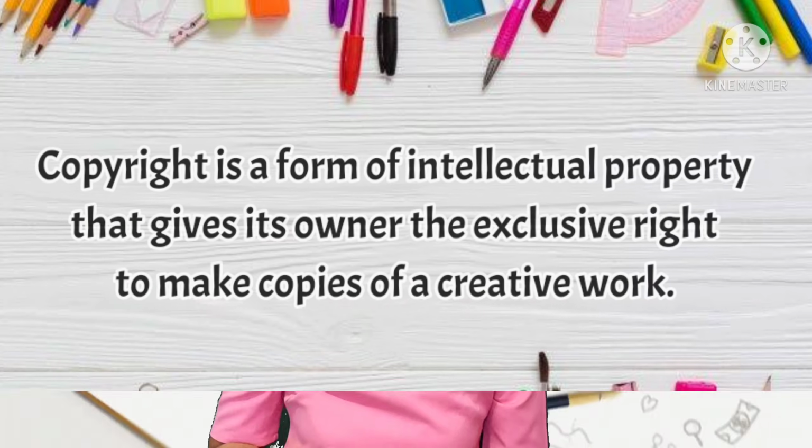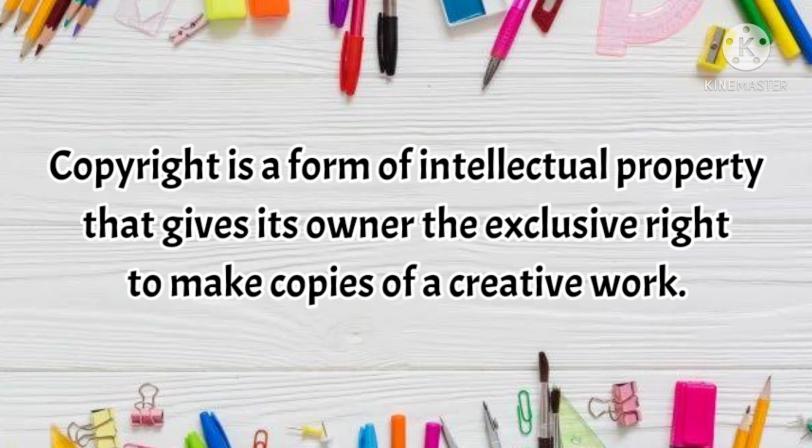As we discussed from our previous lessons in this subject, copyright is a form of intellectual property that gives its owner the exclusive right to make copies of a creative work. So, in case you really need that particular song, ask somebody to do a cover for it for your use because social media does not mute covers.